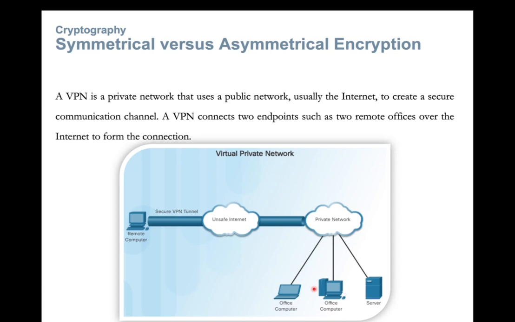If criminals compromise data in use, they will have access to data at rest and data in motion. So with this, we'll stop the symmetric versus asymmetric encryption discussion. In the next session, we will discuss the types of access controls.